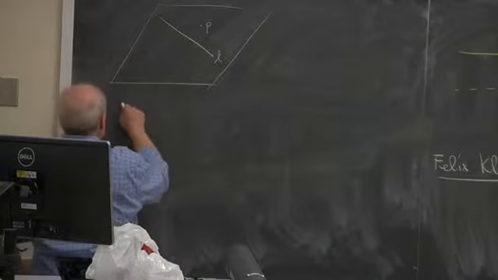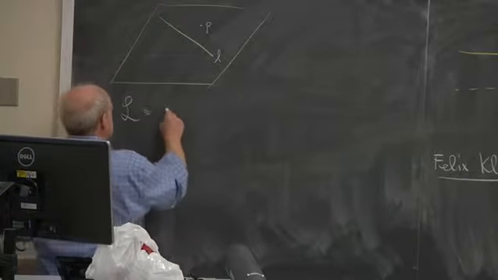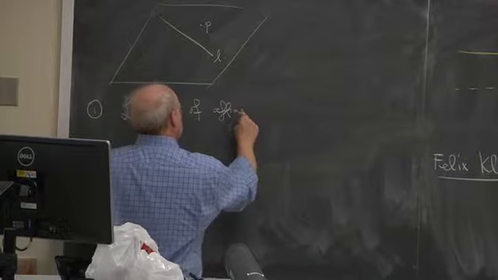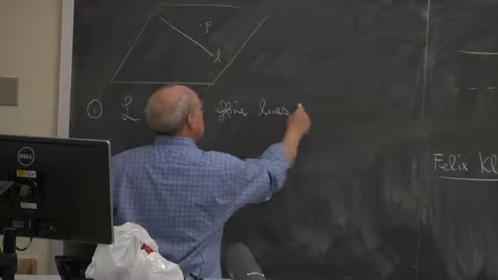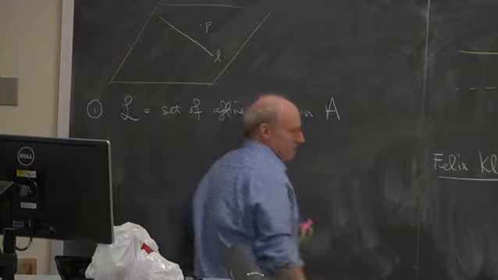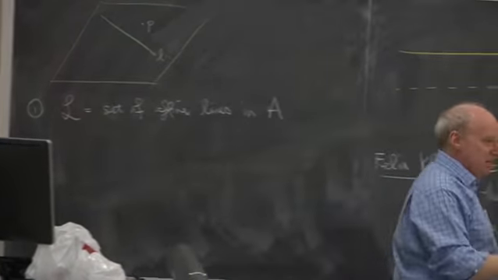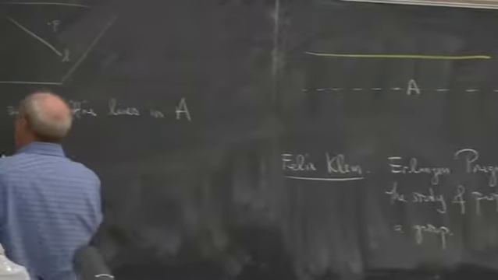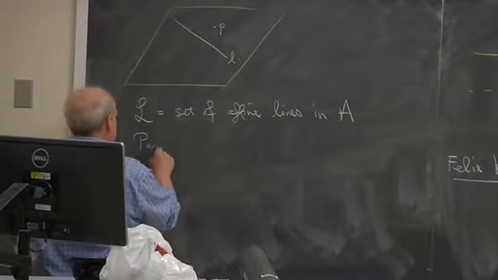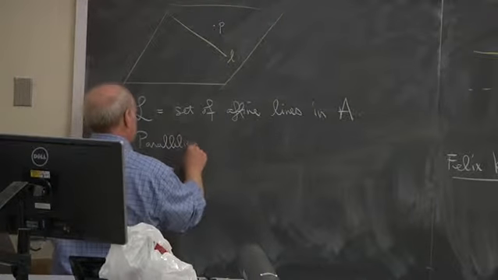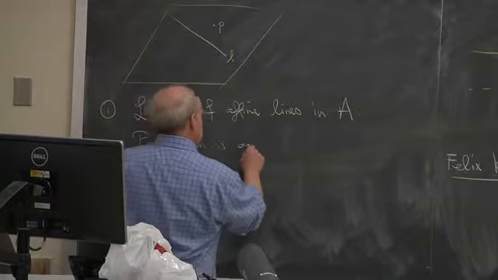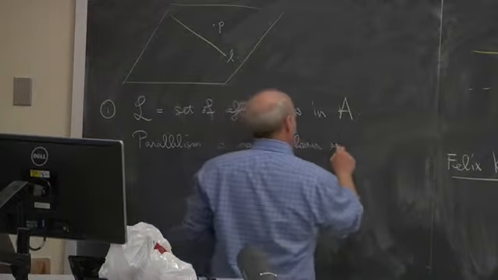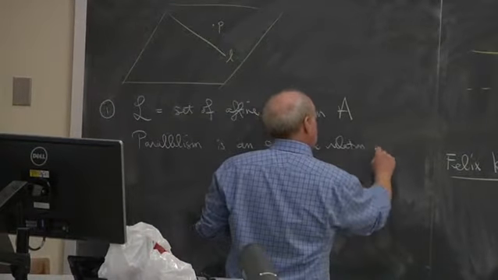So let L be the set of affine lines in A. So the affine lines form a set. And now the comment is that, a little lemma, parallelism is an equivalence relation on L.